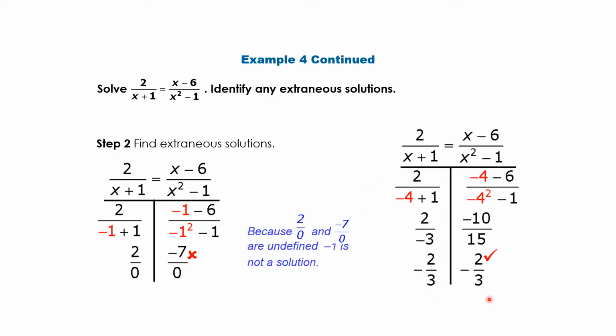Therefore, because 2 over 0 and negative 2 over 0 are undefined, negative 1 is not the solution. We only have negative 4 as a solution to the equation. So the only solution is negative 4 and negative 1 is an extraneous solution.